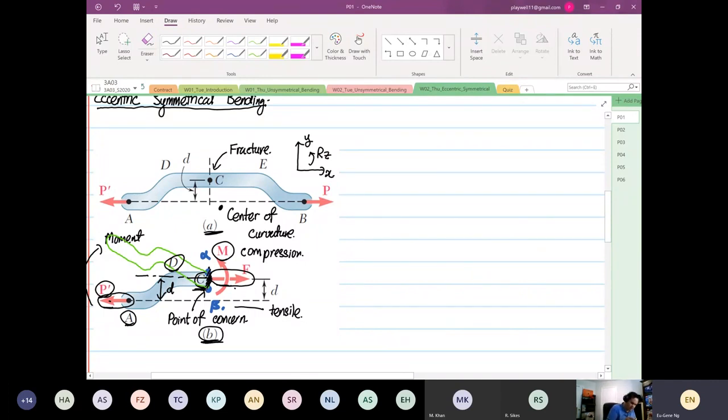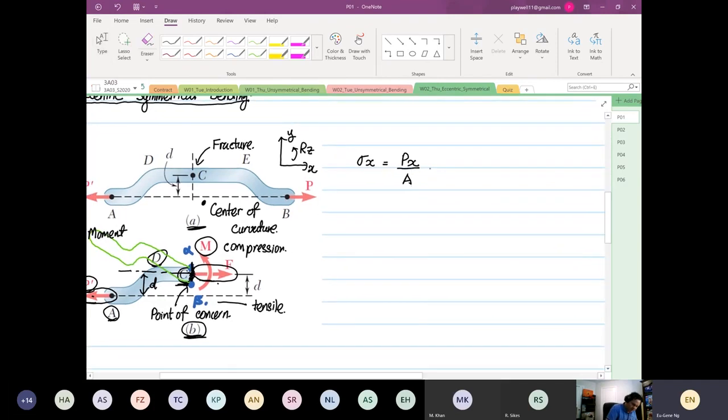So when that's the case, our formula, looking at stresses in the x direction, now becomes P_x over A. And then if I follow the formula in the textbook, it's going to be minus M_z, moment about the z-axis, divided by I_z, the second moment of area about the z-axis, multiplied by y, the distance from the neutral axis or from the centroid.